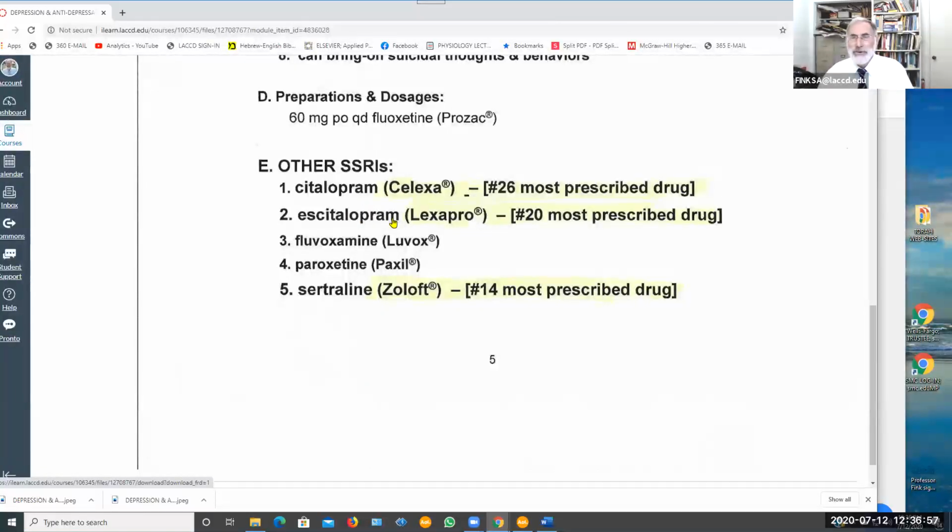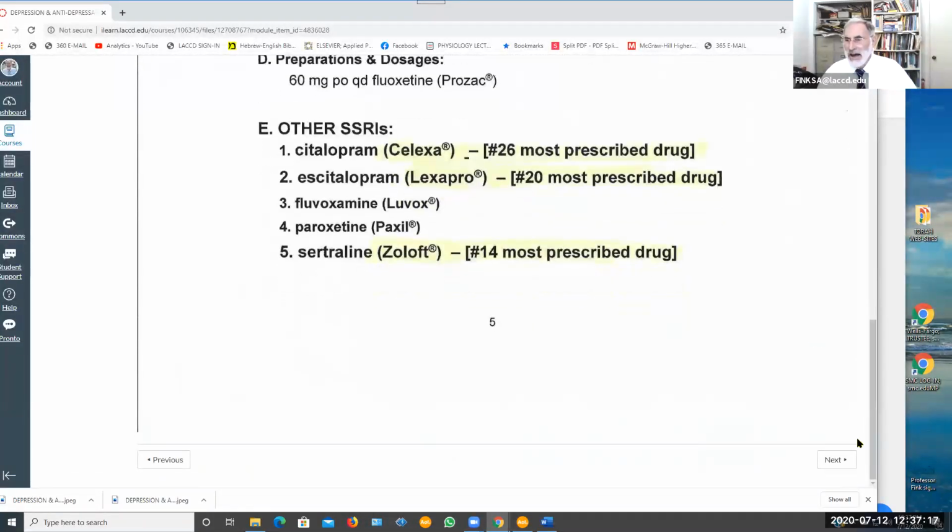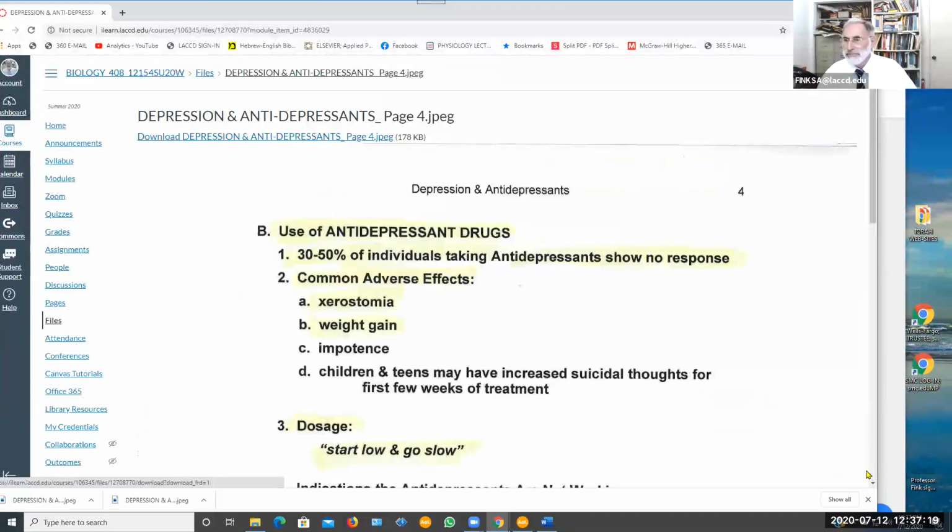I'm not testing you on that, but I'm just pointing that out. The others, like fluoxetine or Prozac, have the -ine ending, and this includes sertraline, which goes into the brand name Zoloft, ranked number 14 among the most prescribed drugs in the United States. So very, very commonly used.